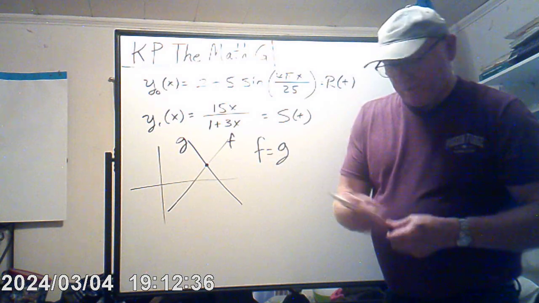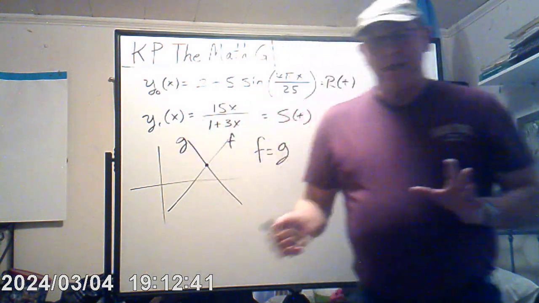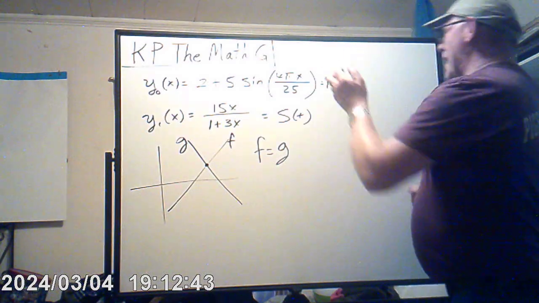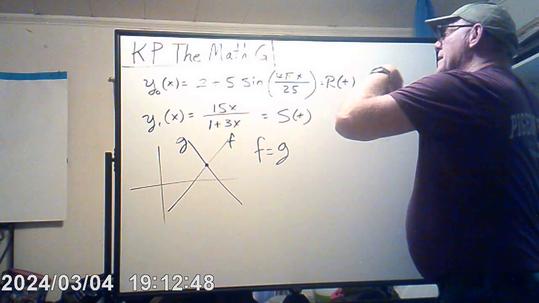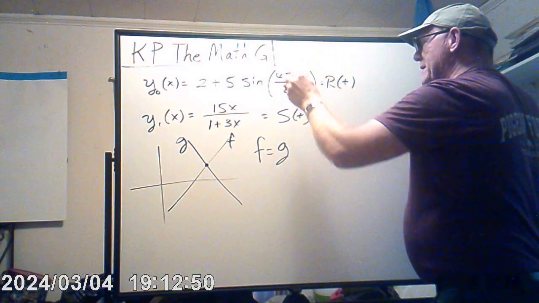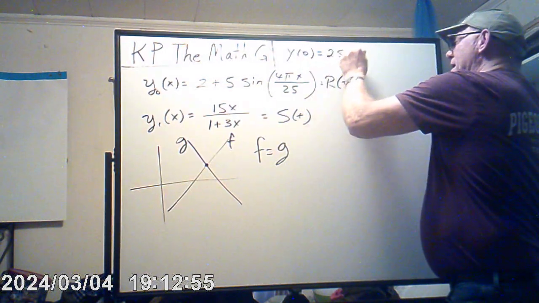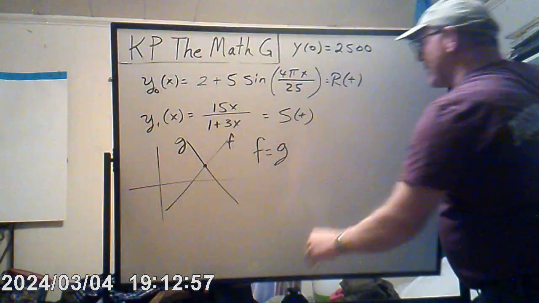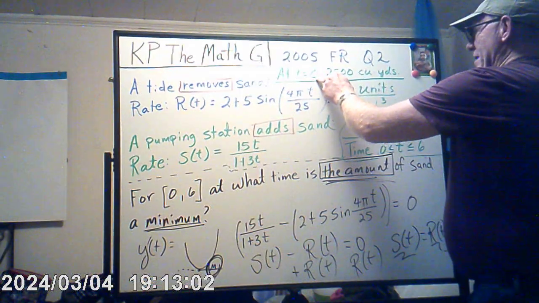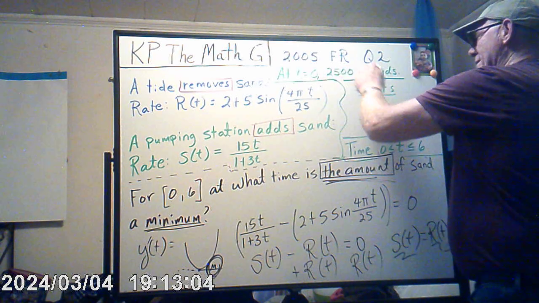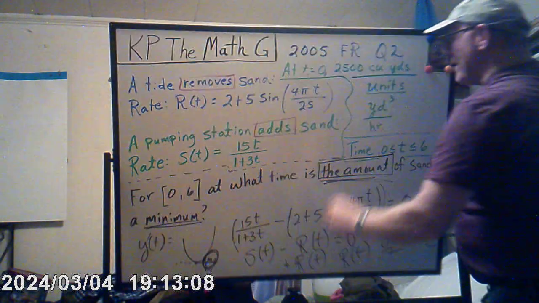Alright? And what that means is, in this particular case, we are already looking at, let's see, what is that function? Y at 0, which is already given to be, we've seen it from the other videos, that at t equal to 0, we have 2,500 cubic units. So we're already at that one.